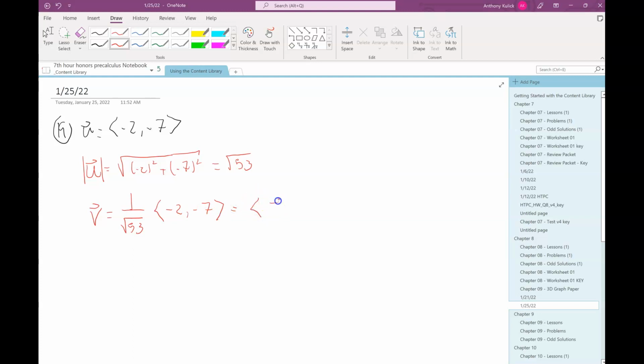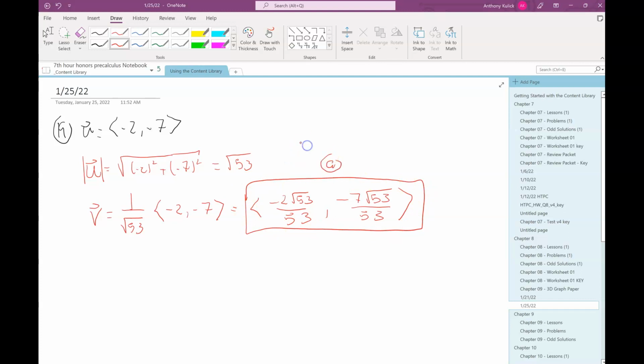So when I rationalize my denominators, I get this. So this is my answer for part A. And my answer for part B asks for the linear combination form. So that's the form with the i's and j's in it, which is no big deal.